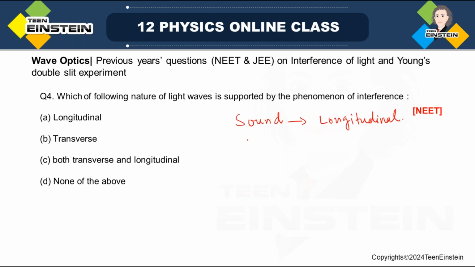And we are seeing it in the case of light also, and light is transverse in nature. So here the question is, which of the following nature of the light waves is supported?